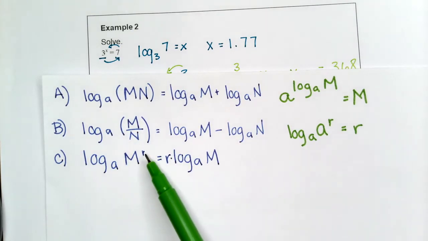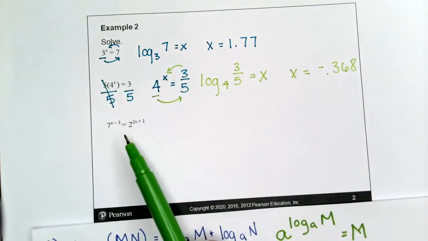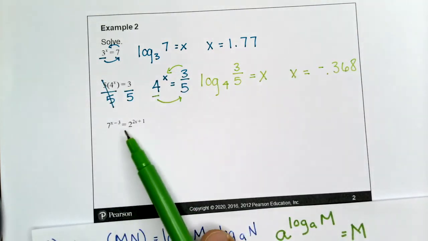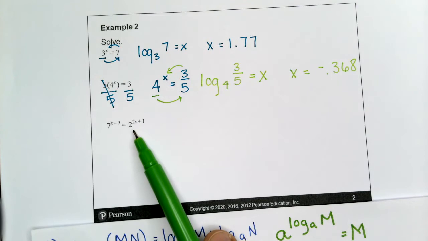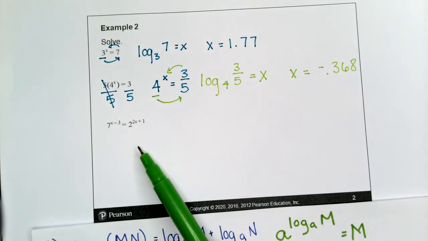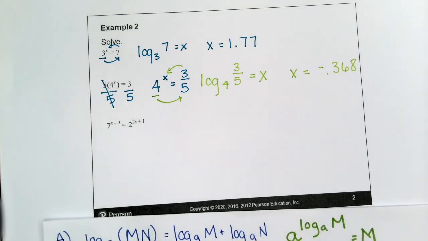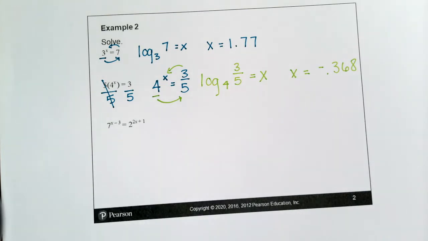If this was a log, I could take the exponent and put it in front of the log. So, and whatever I do to both sides cancels itself out, right? So I could take the log of both sides so that I can move these exponents out front, okay?